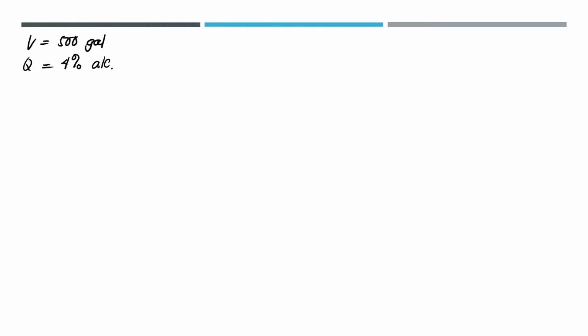So, sabi, no, we have 7% alcohol is pumped, no? So, we have CI is equal to 7%. We have our RO or our RI, which is also RO, no, based sa problem, kasi same rate daw, no? So, we have 5 gallons per minute. No? So, we have 5.